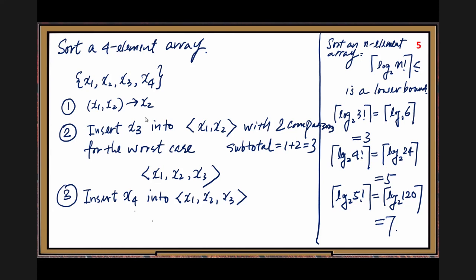We should compare with the middle one first, binary search. Here we apply the binary search idea. Compare x4 with x2, the first comparison. Then after that, you only need to do one more comparison, either compare it with x1 or x3.